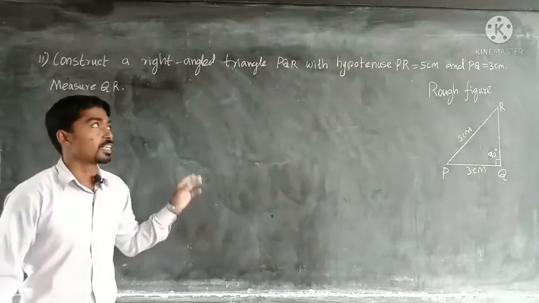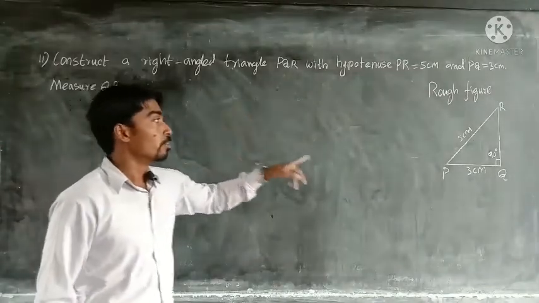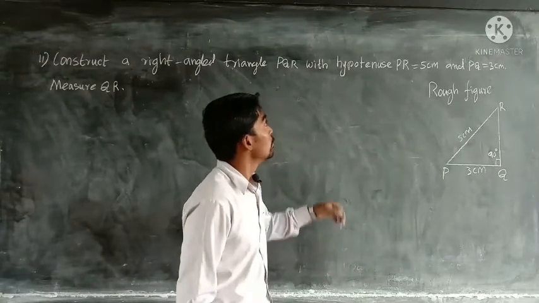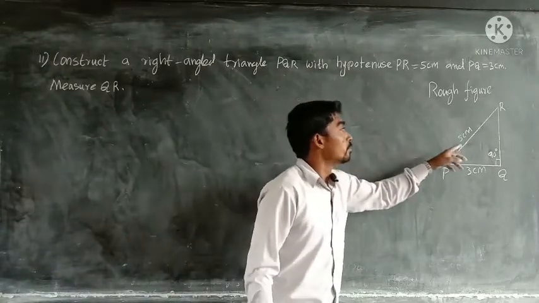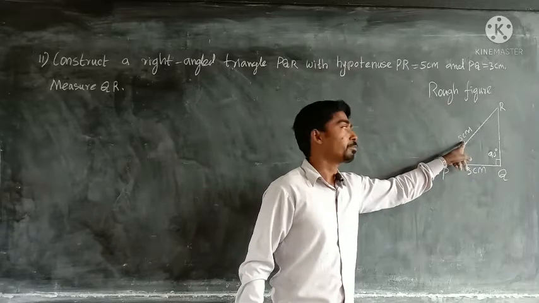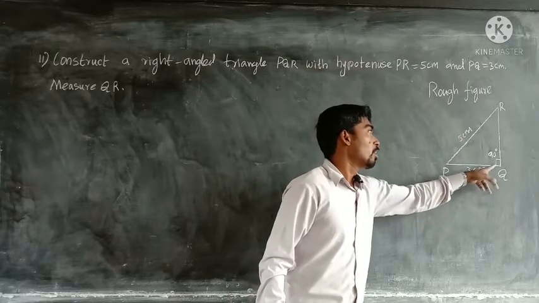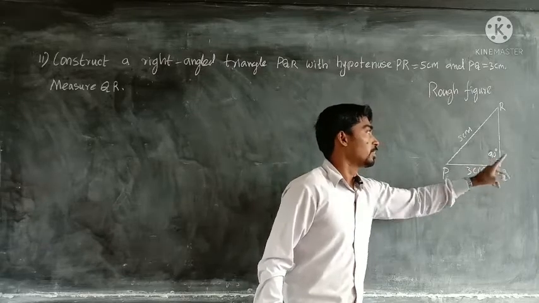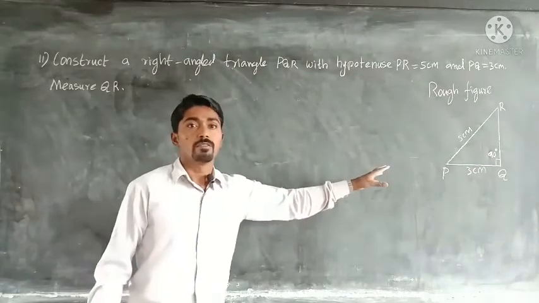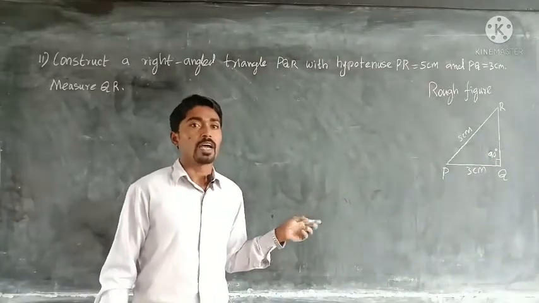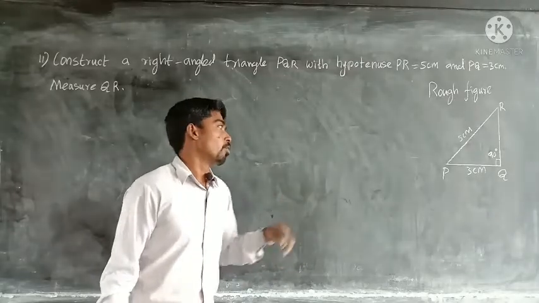Next question, construct a right angle triangle PQR where hypotenuse is 5 cm and PQ is 3 cm, and angle Q is 90 degree. By using these values, we are going to construct right angle triangle PQR.